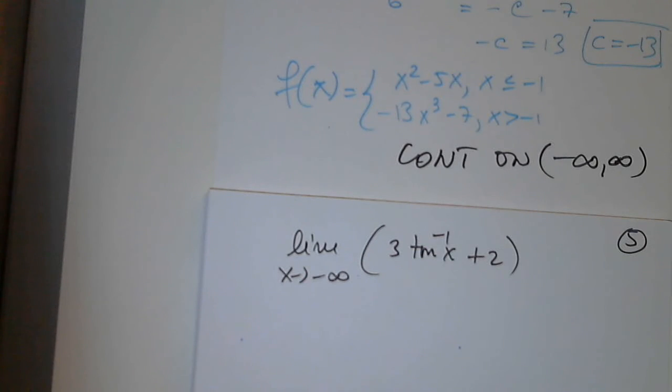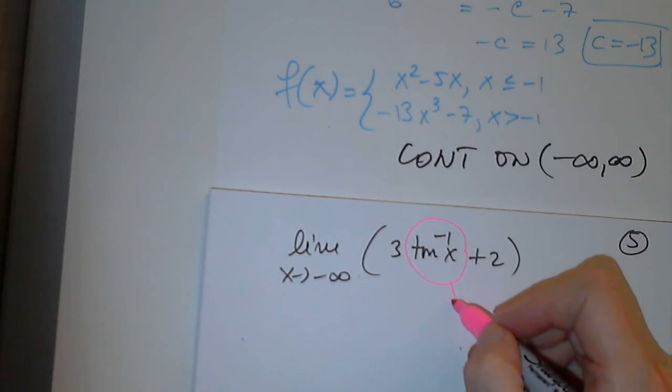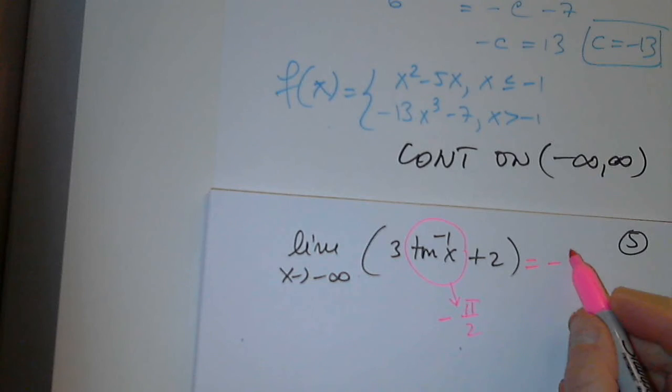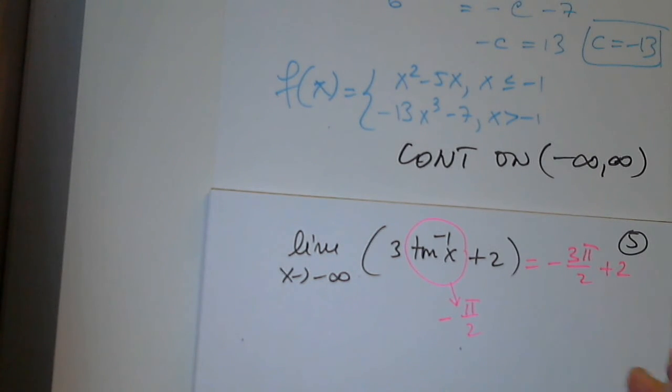What does it approach when x approaches negative infinity? Arctangent approaches what when x approaches negative infinity? Negative pi over 2. Awesome. Very good. So then the limit is negative 3 pi over 2 plus 2.